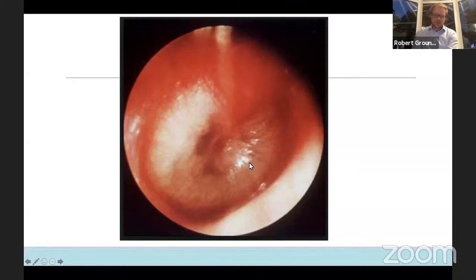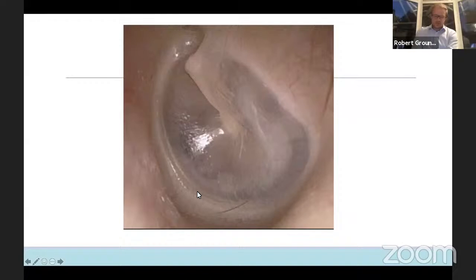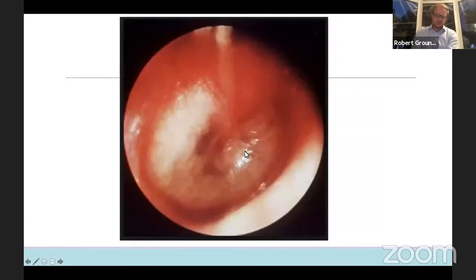When we looked at our nice normal eardrum, it's concave. We can go into that eardrum and it's not pushing out towards us. When we look at the acute otitis media, there's pus forming behind this eardrum, and that is pushing this eardrum outwards laterally and giving this bulging picture to it.